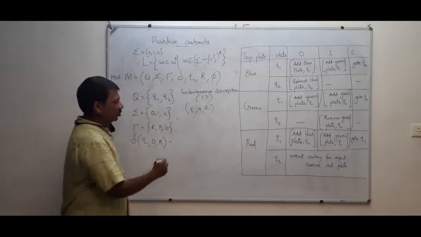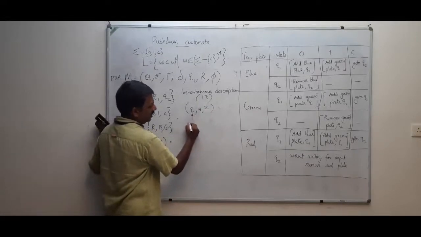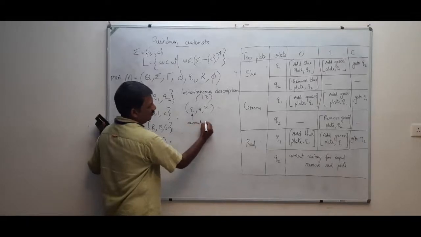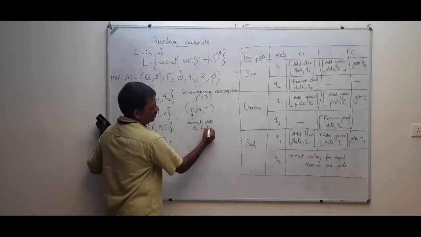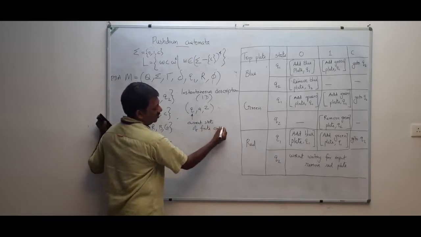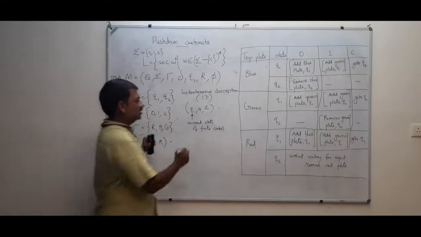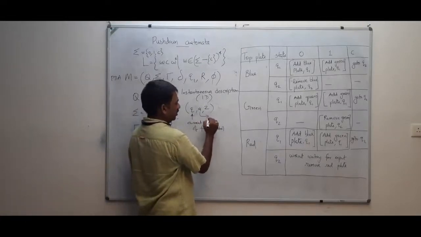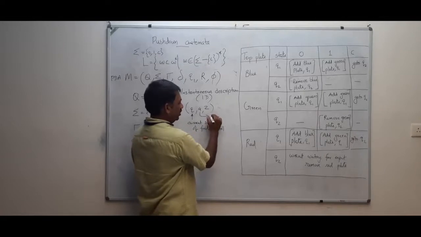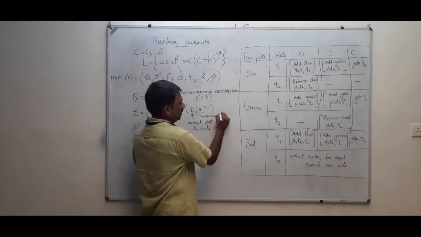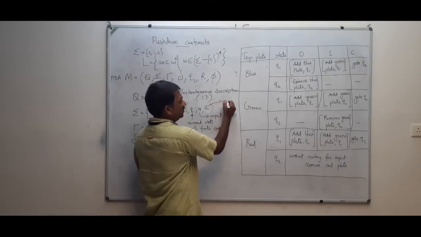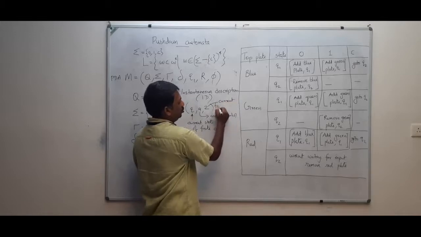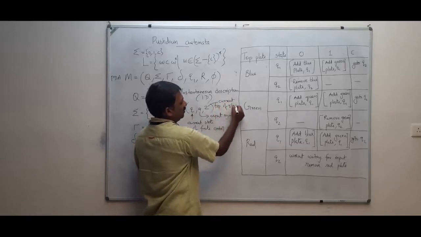That means Q is the current state of the finite control. What is A? This is the current input symbol, and this one is the current top of stack.